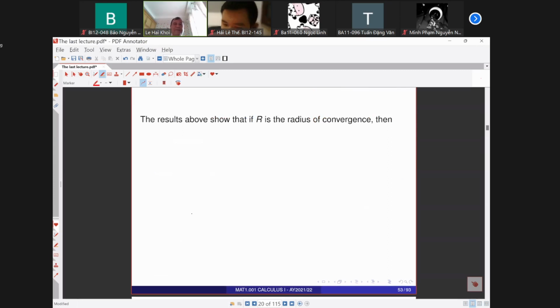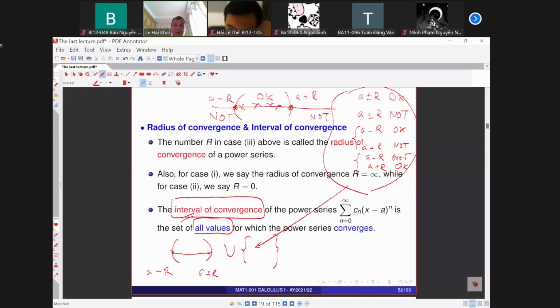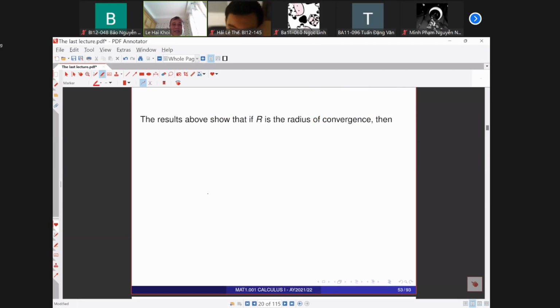So here we see how to define the convergence radius. At least from what I explained here, together with these 2 cases, R equal to 0 and R equal to infinity, we can see that if R is infinity, then convergence everywhere.